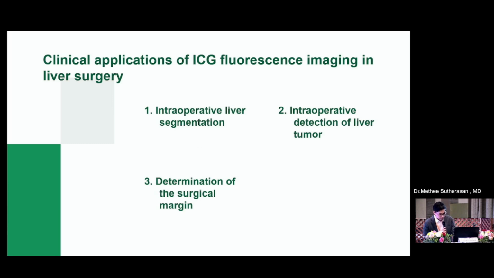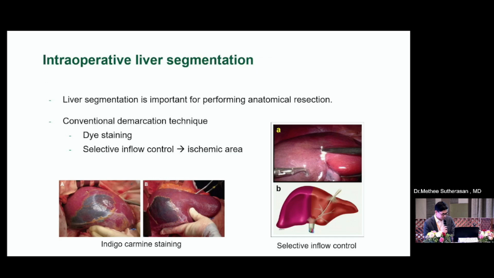The first topic is intraoperative liver segmentation. As we know, liver segmentation is very important to know before performing liver anatomical resection. In the past, we used conventional demarcation techniques like dye staining or selective inflow control to see the ischemic area for anatomical resection.